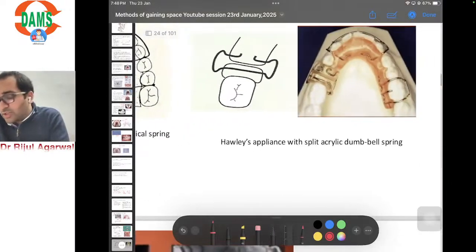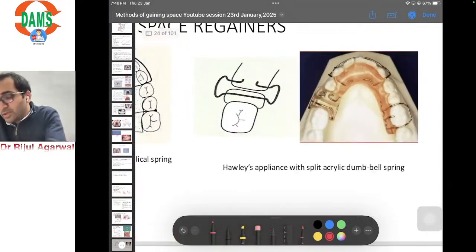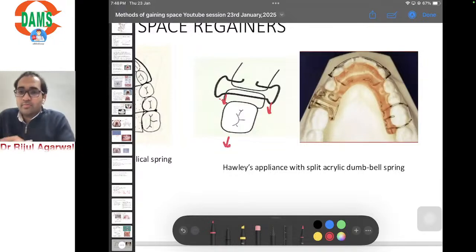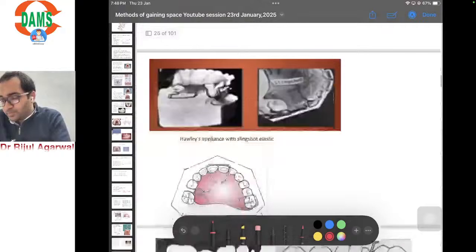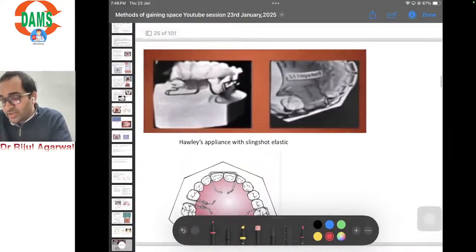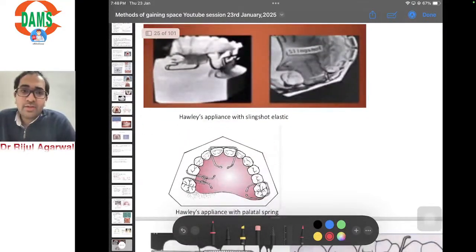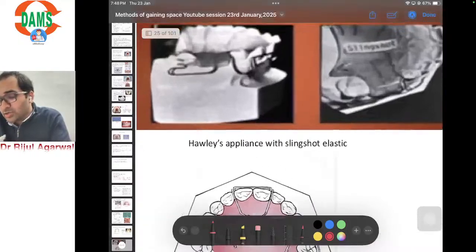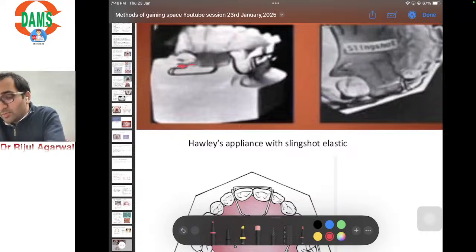Next is the Hawley's with a dumbbell type of spring. This is a dumbbell spring. The helices or the arms of the spring are opened so that the molar gets distalized. Next is the Hawley's appliance with the slingshot elastic, in which the elastic is attached from an arm of the spring.